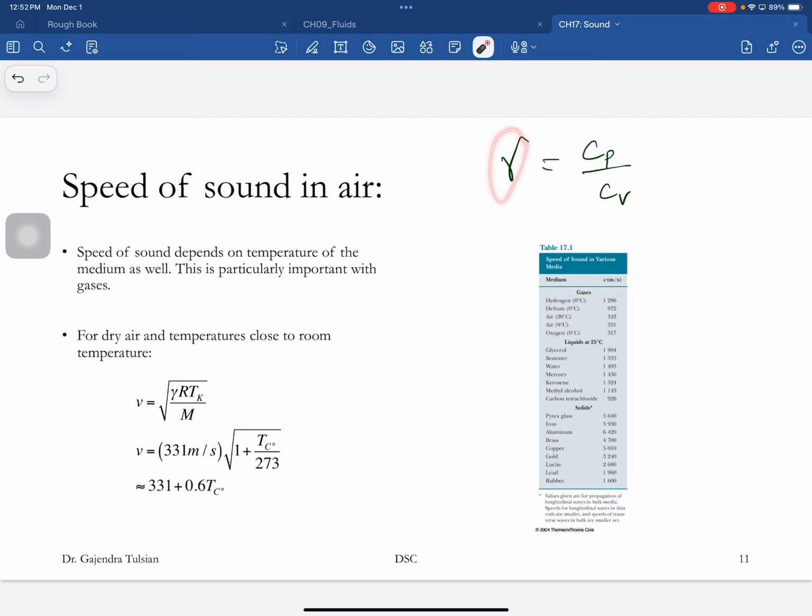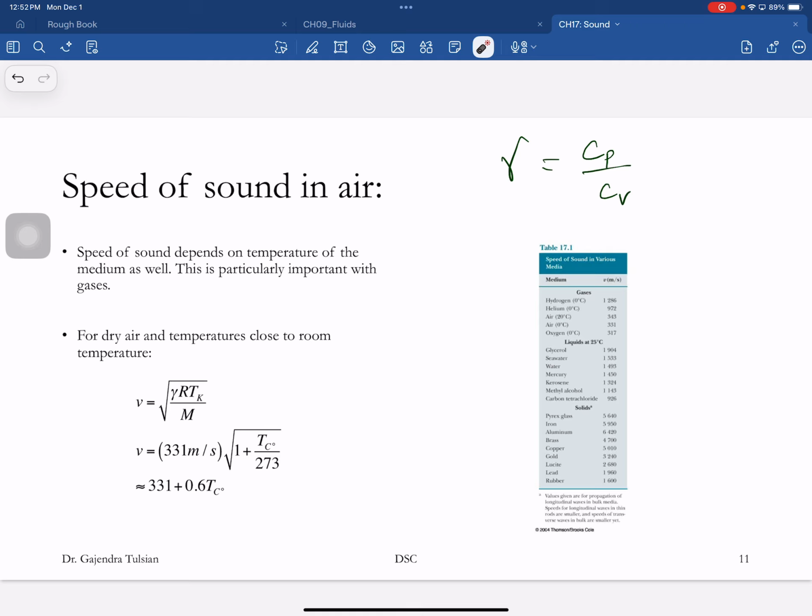Gamma tells you the complexity of the molecules that the gas is made of. For instance, air is made of diatomic molecules, nitrogen and oxygen. For monoatomic gases, this number is 1.67. For diatomic gases, it's about 1.4. And for more complex gases, the number is smaller.